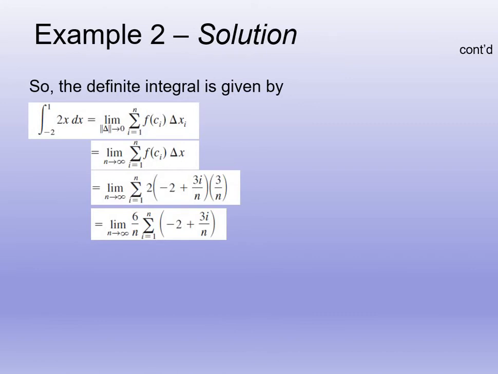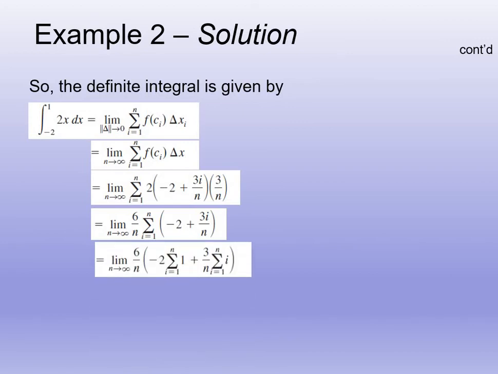Once we do that, we're going to have the limit as n approaches infinity of 6 over n times the sum from i equals 1 to n of negative 2 plus 3i over n. Now we have to replace the i with its n equivalent, which is from theorem 4.2, which was in chapter 2.